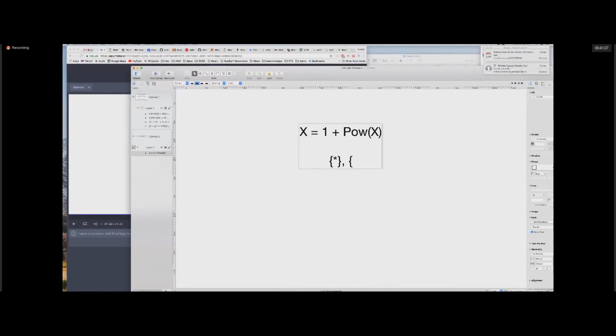Which would be the empty set, right? And so on. So you see that now you can get off the ground. So this is well formed.